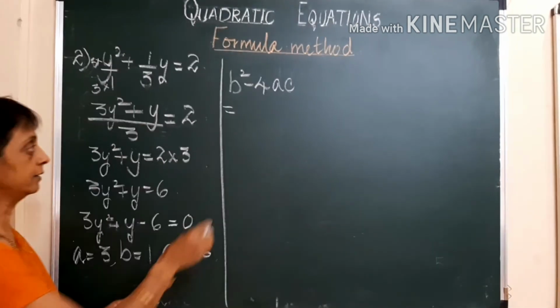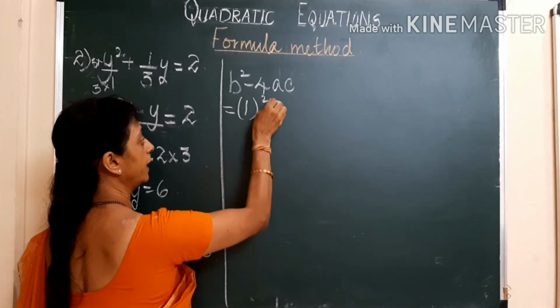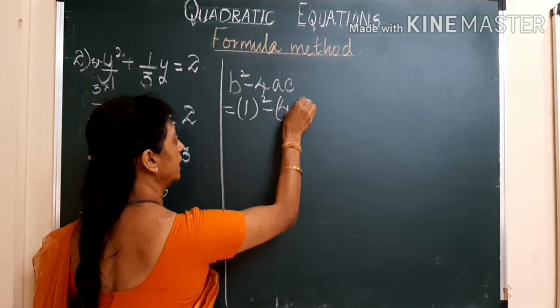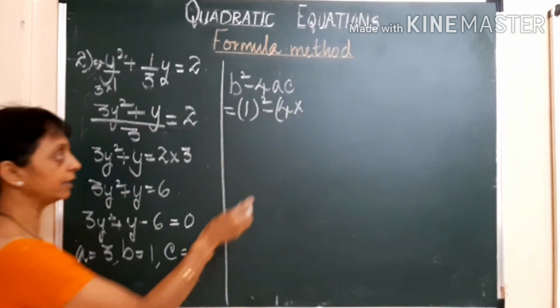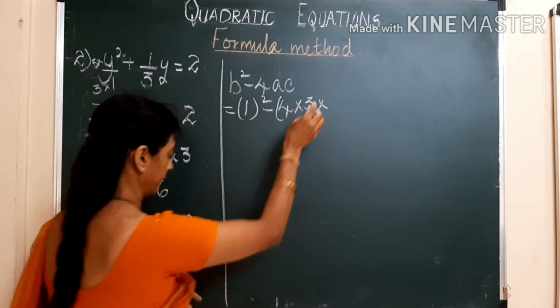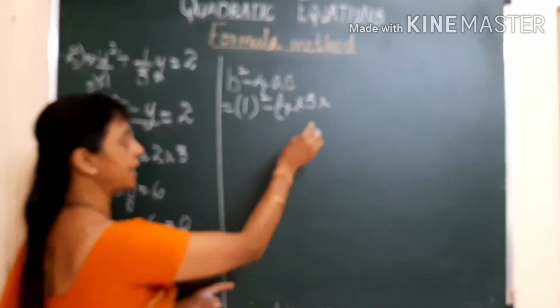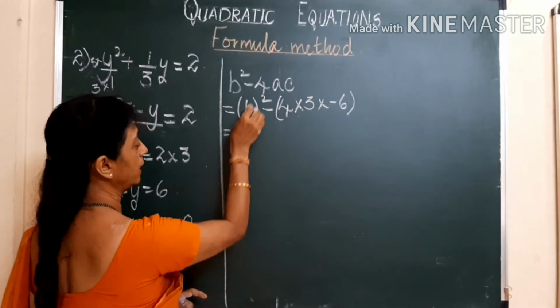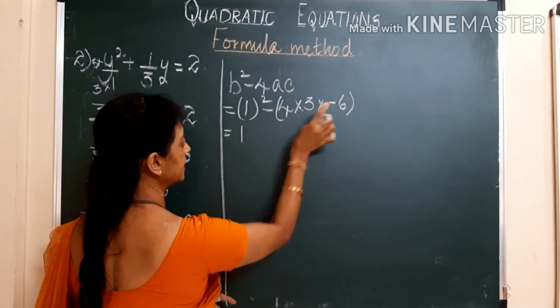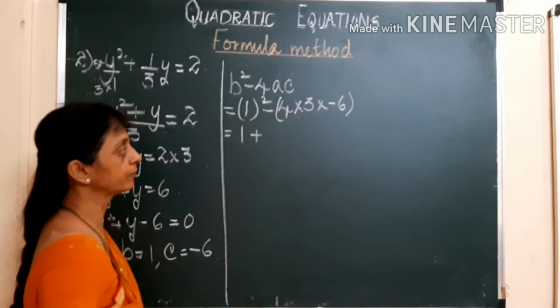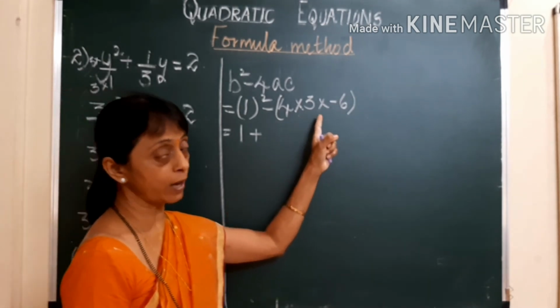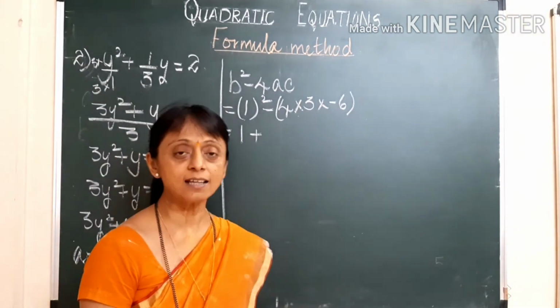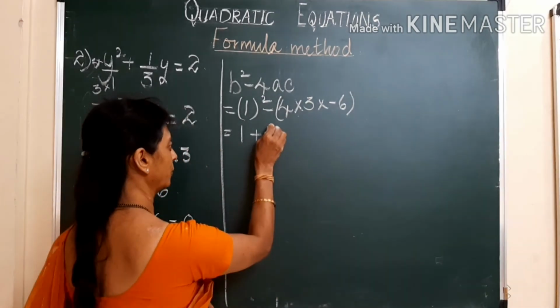So let's check what is the answer. B squared, that is 1, the whole square, minus 4 into A, that is 3, into C, that is -6. So that is equal to 1 square is 1, minus into minus gives you plus, 4 3s are 12, 12 6s are 72.